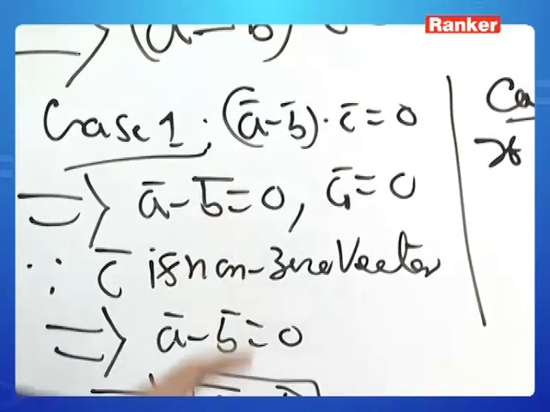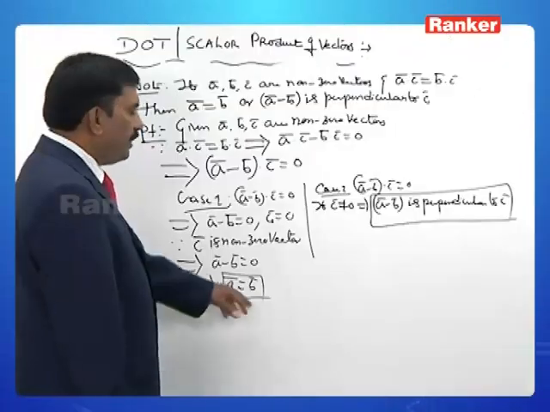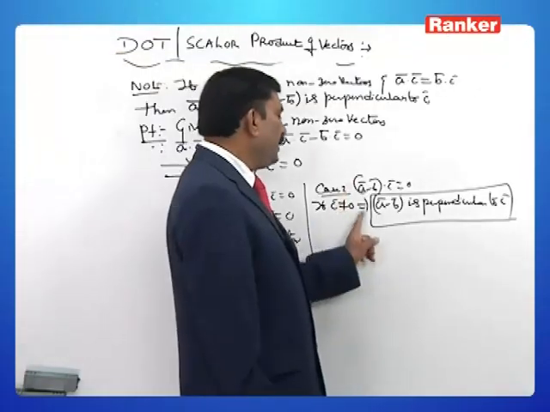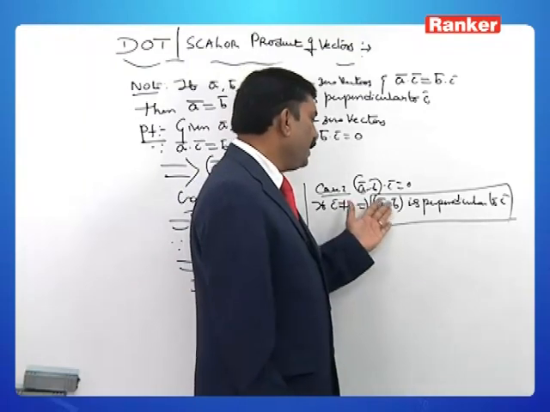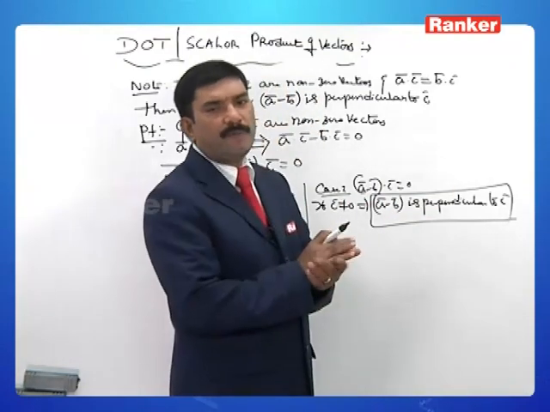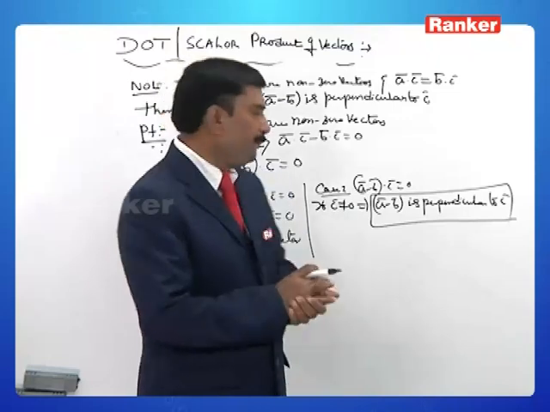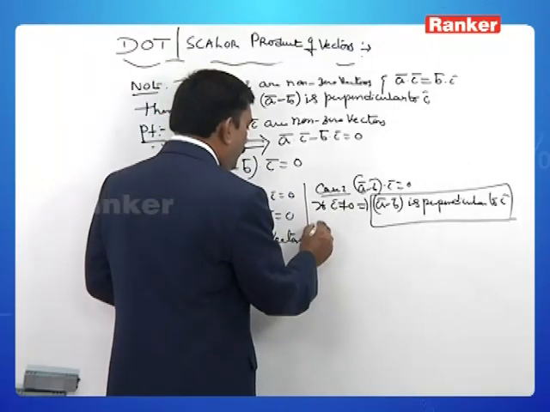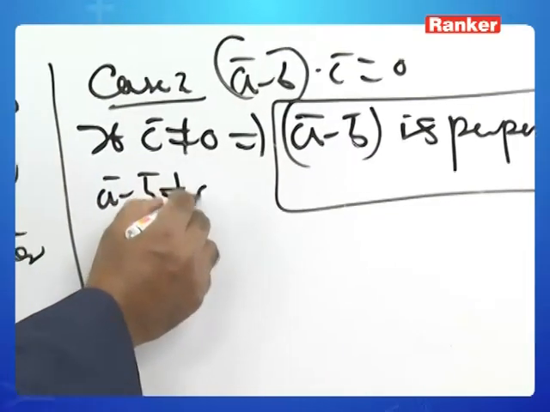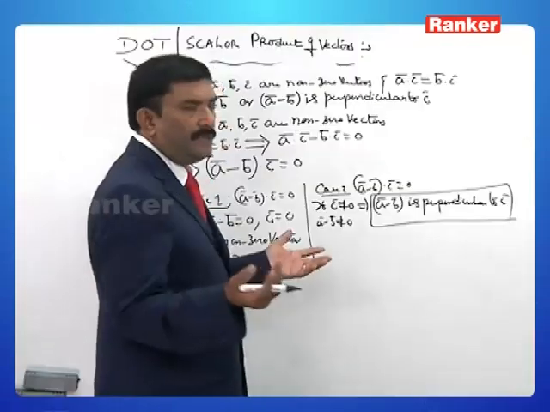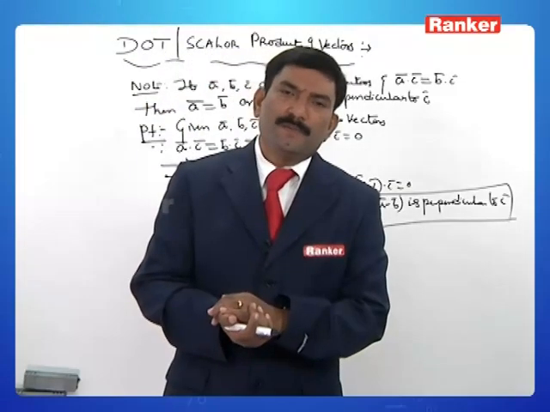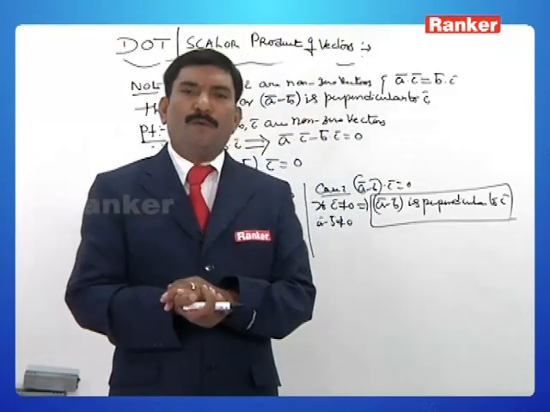A bar minus B bar is equal to 0, so A bar is equal to B bar. If A bar minus B bar is not equal to 0, then A bar minus B bar is perpendicular to C bar. How?